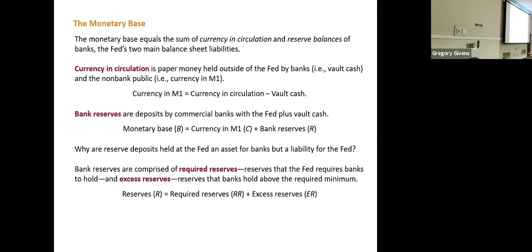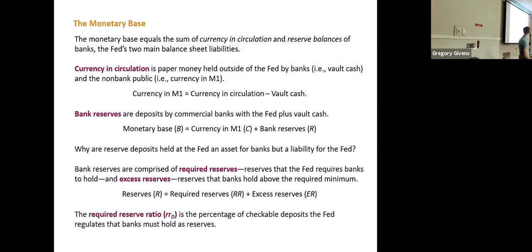Anything above those reserve requirements was considered excess reserves. So total bank reserves is required reserves, RR, plus excess reserves, which I'll call ER. The required reserve ratio would then just be the percentage of checkable deposits that the Fed regulates banks must hold. In other words, it's required reserves divided by the total amount of deposits.